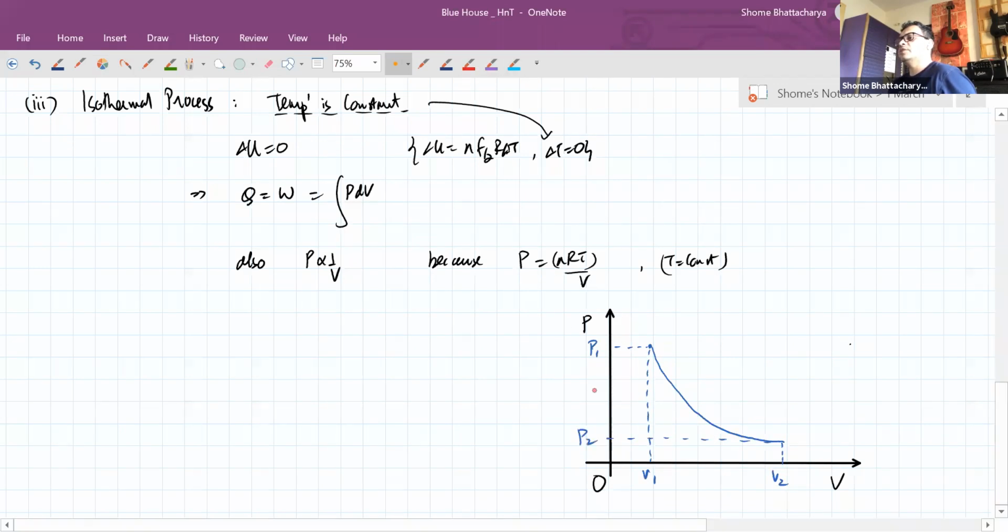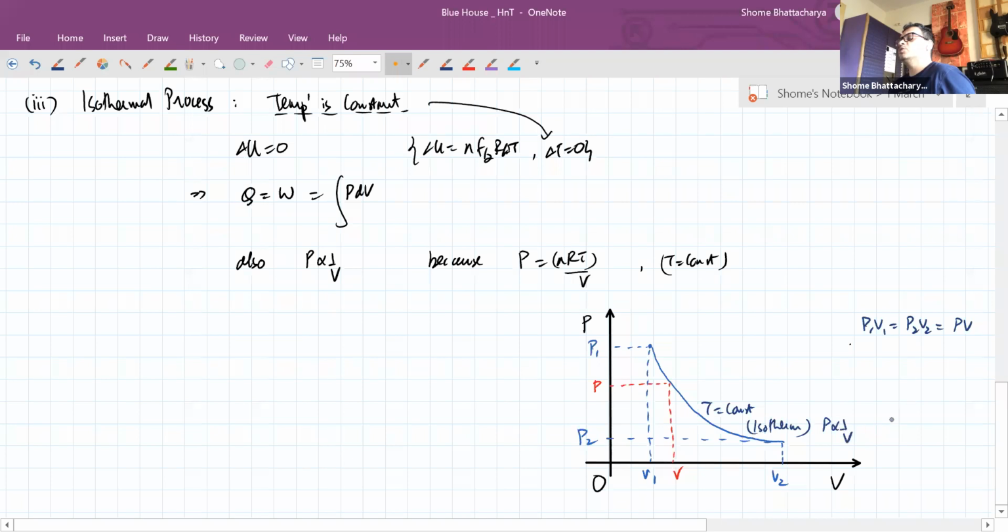And during the process, if at any general point the pressure and volume are related like this, then because temperature is constant, P1 V1 is equal to P2 V2 is equal to P into V at any point. This curve is called an isotherm.